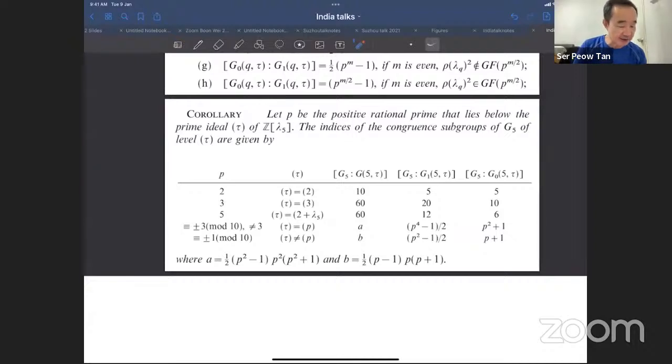There are some answers, although they are not complete, especially when Q is not equal to 5 and the ideals are not prime.